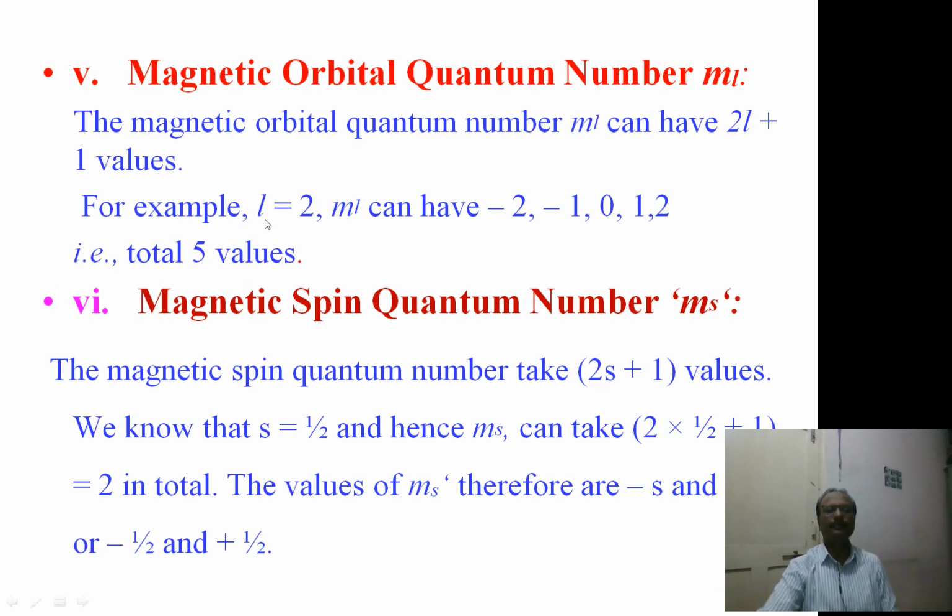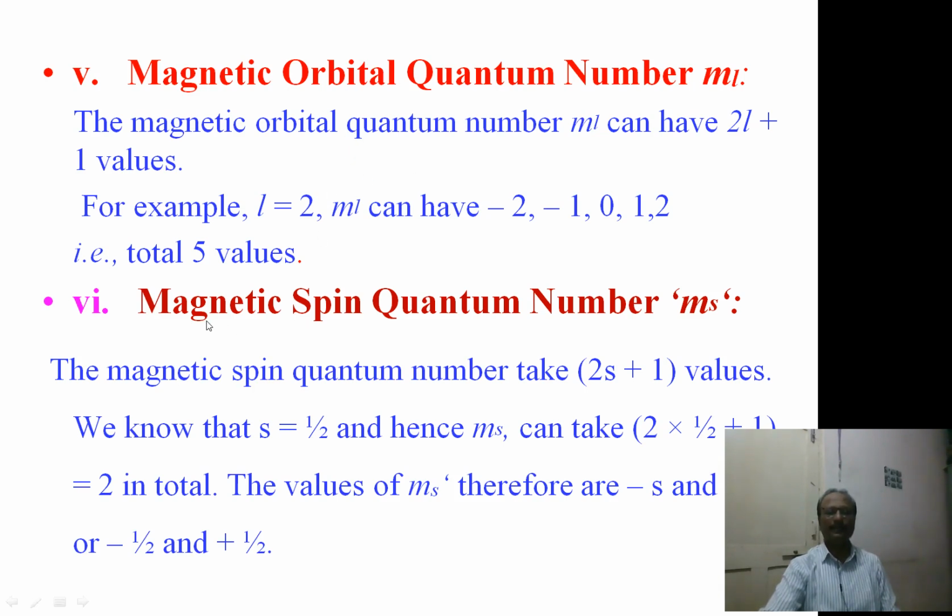For example, if l is equal to 2, that is the value of the orbital quantum number is 2, then ml can have minus 2, minus 1, 0, 1, 2, that is a total of 5 values. So this is the magnetic orbital quantum number ml, that is the quantum number due to the orbital motion of the electron about the nucleus.